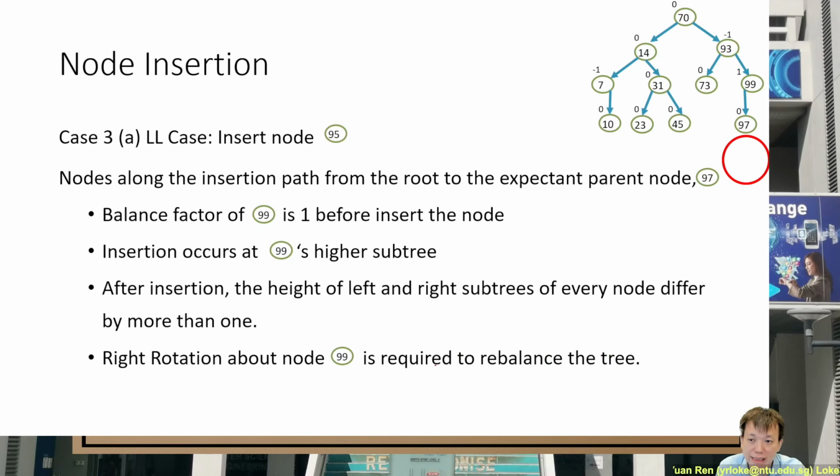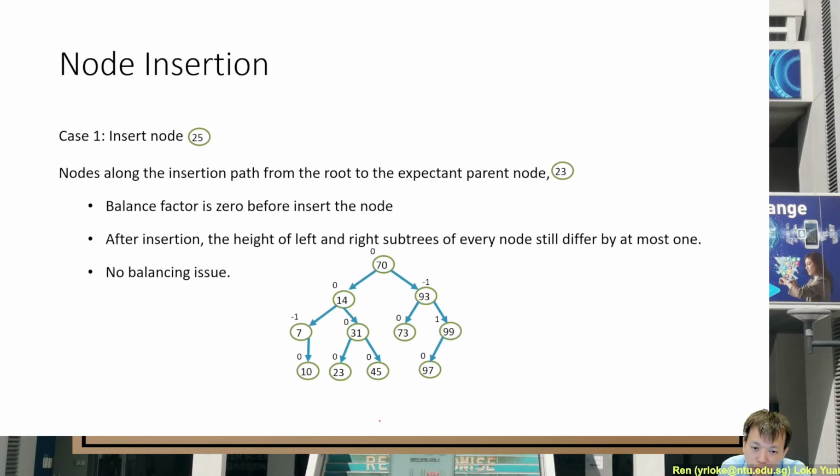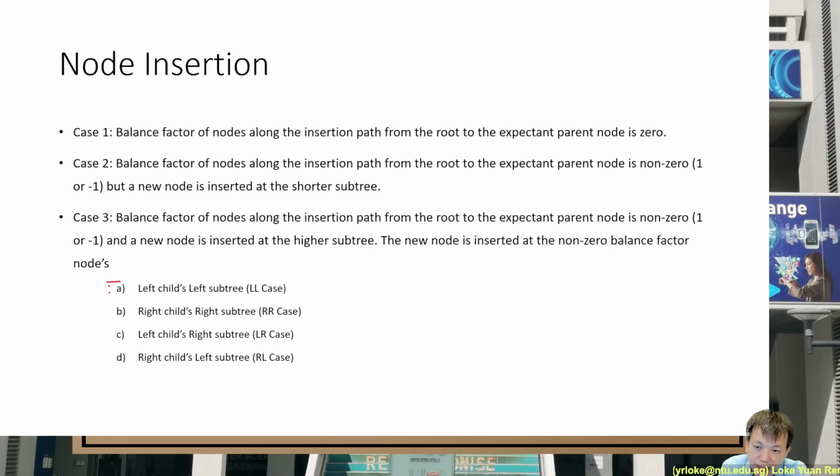Only the cases I have mentioned. You expect only these 4 scenarios. You are trying to insert a node at the left child of the left subtree. You are trying to insert a node somewhere here, and you are trying to insert a node at the right child of the right subtree, and this particular subtree is higher than the other subtree.